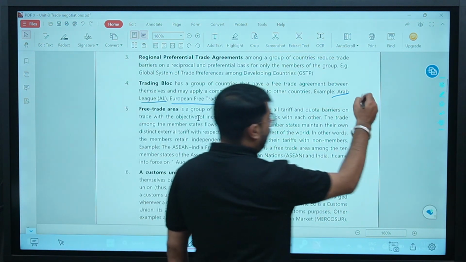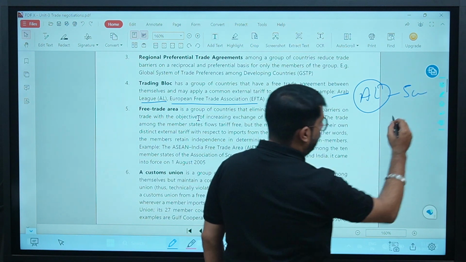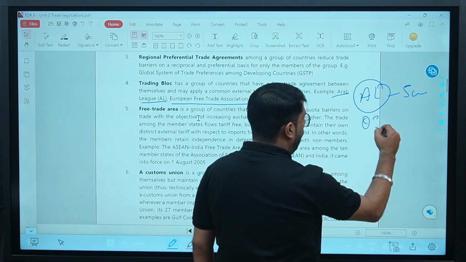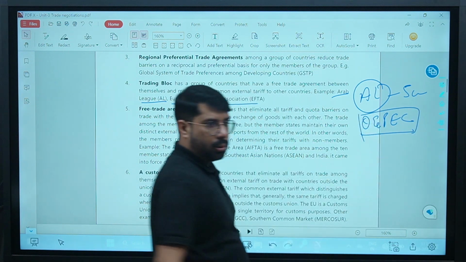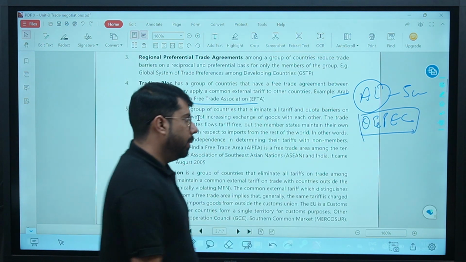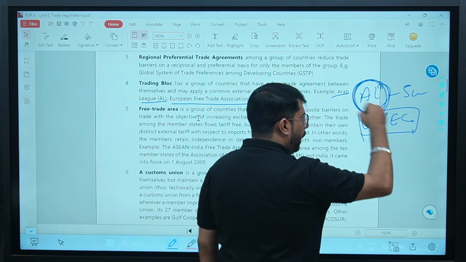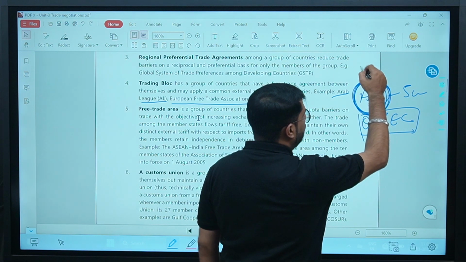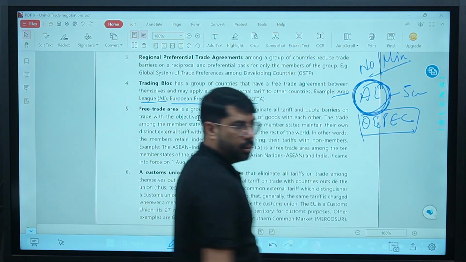Let's say in the Arab League there are 5 countries who are members, and they are oil and petroleum exporting countries, OPEC. They decide that when they deal among themselves, they will either charge no tariff or very minimum tariff.